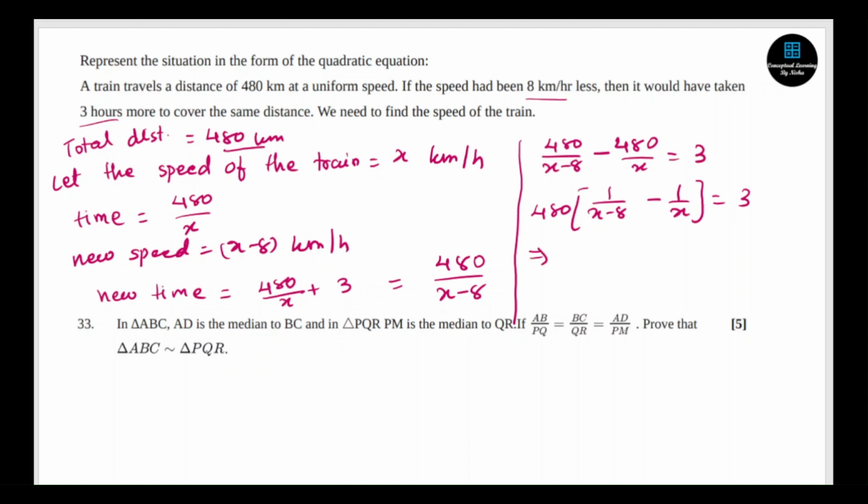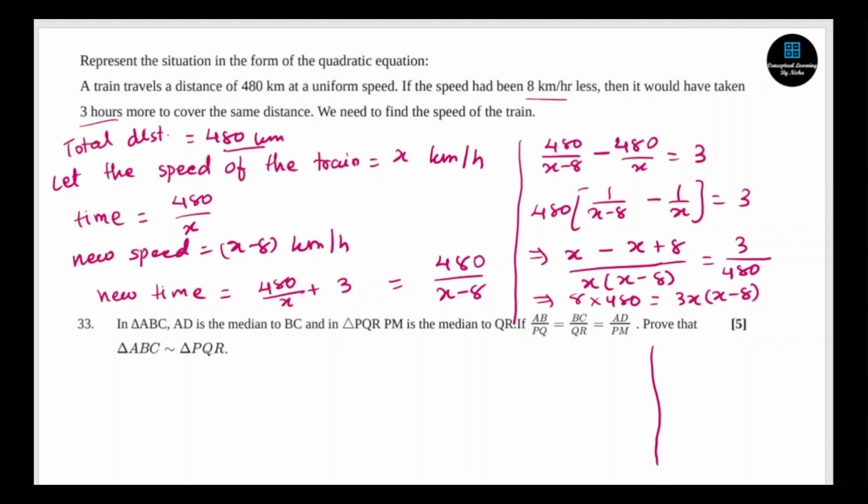Now I'll get x minus x plus 8 upon x into x minus 8, which equals 3 upon 480. Now you can simplify this, where you'll get 8 into 480. I am cross multiplying also. This is 3x into x minus 8.